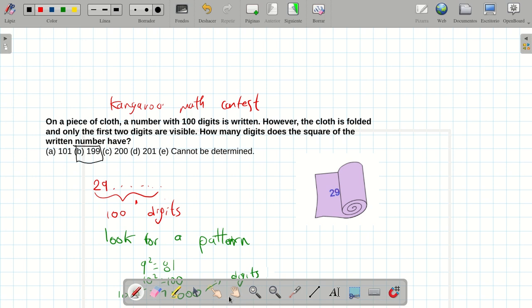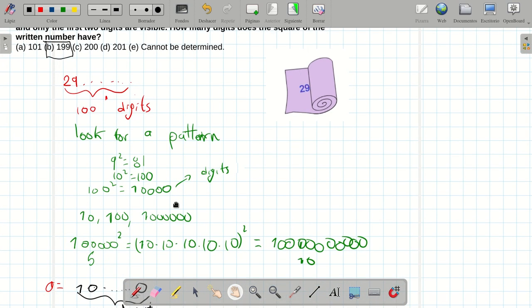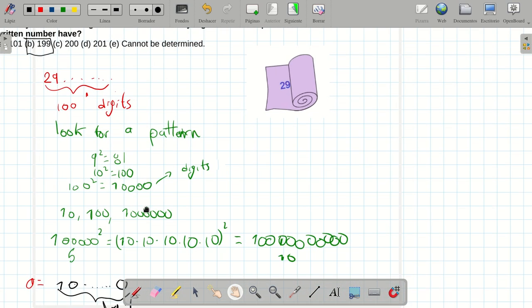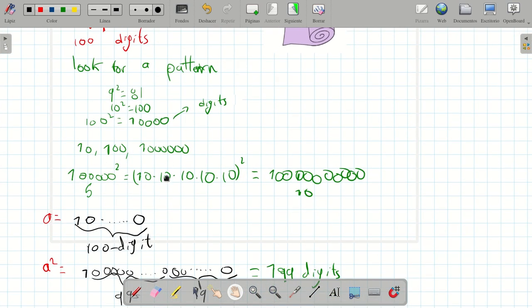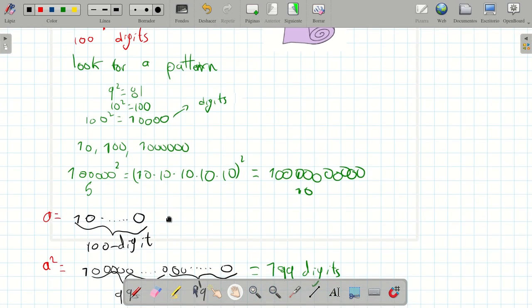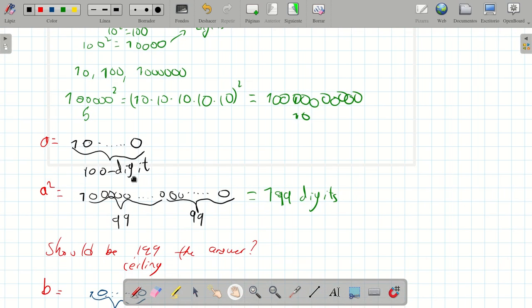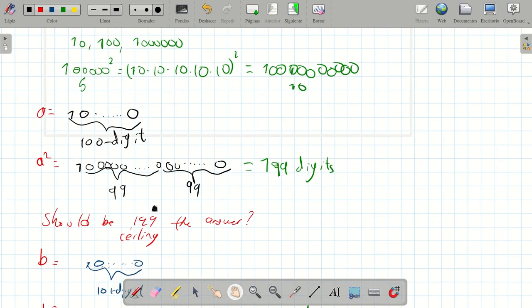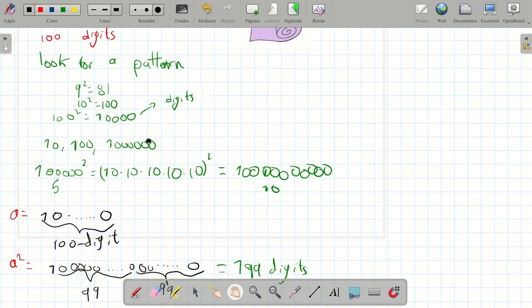So remember what we did here: we looked for a pattern, we made little examples and found something very interesting with this kind of number when we square them. Then we supposed other numbers which were close to our magic number.